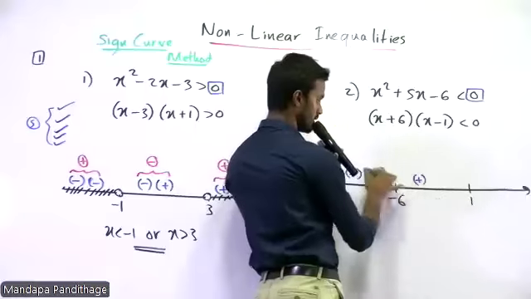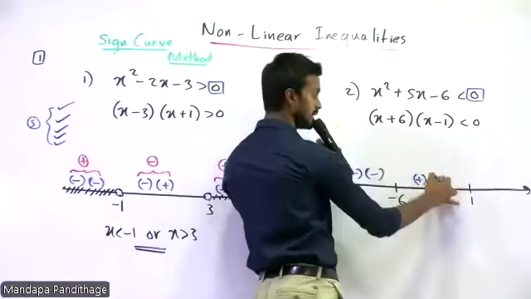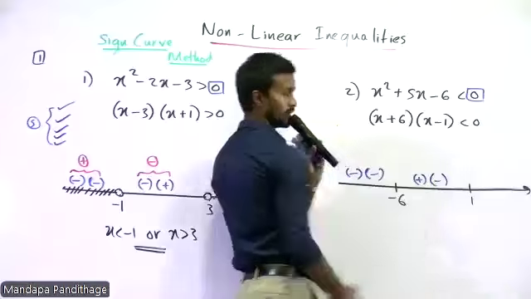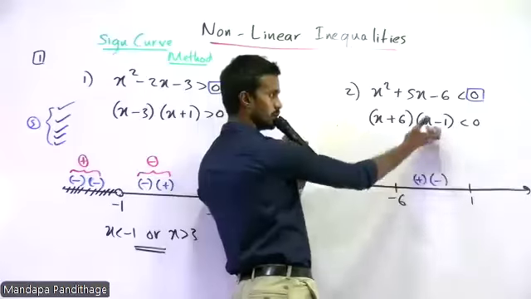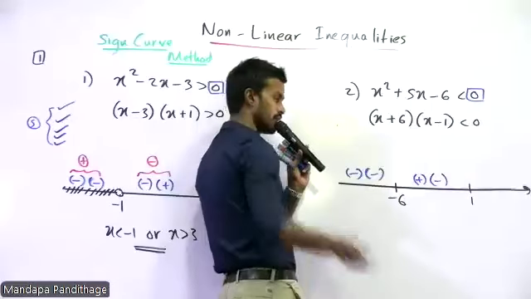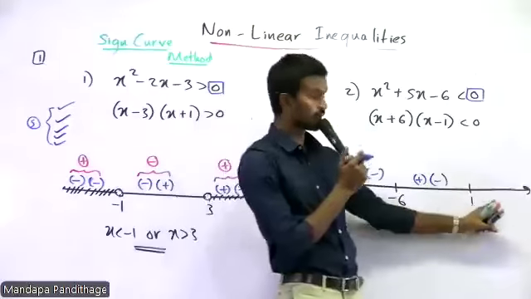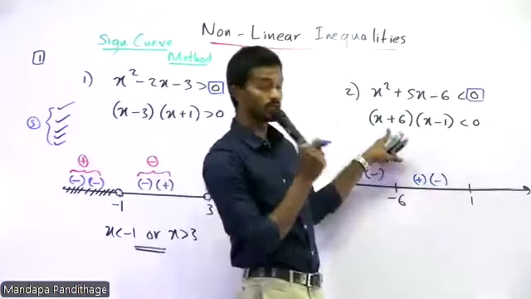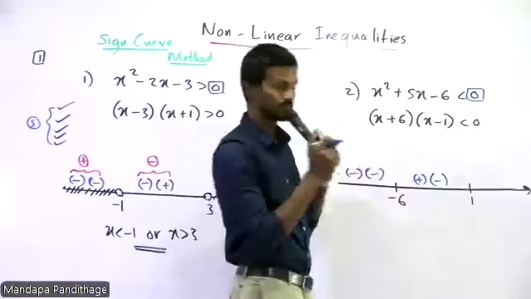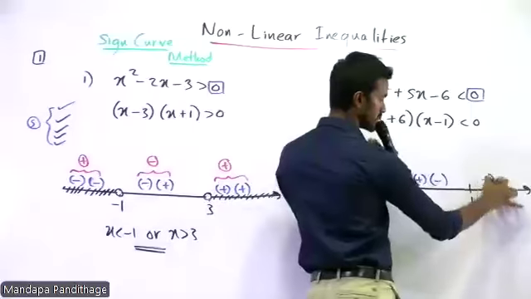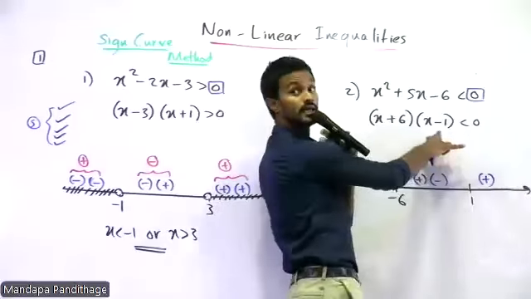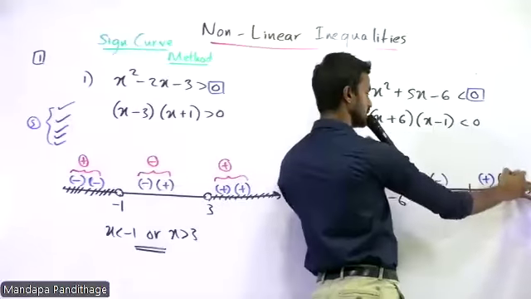Now take the same one and substitute here. It's still negative. If you take like minus 4, minus 1 is negative. This side, take any value after 1. When you substitute it here, it's positive. And now substitute the same one here. It's again positive.